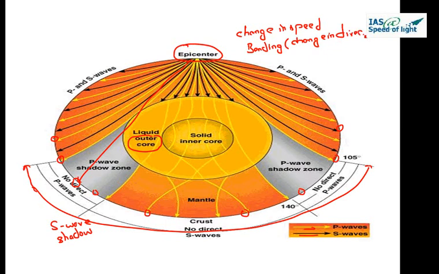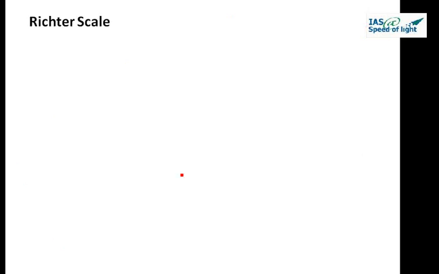Change in speed and changing direction. That is how we came to know. Analyzing these different waves using complex mathematical equations, the whole model inside the Earth became clear, using the properties of these P and S waves.